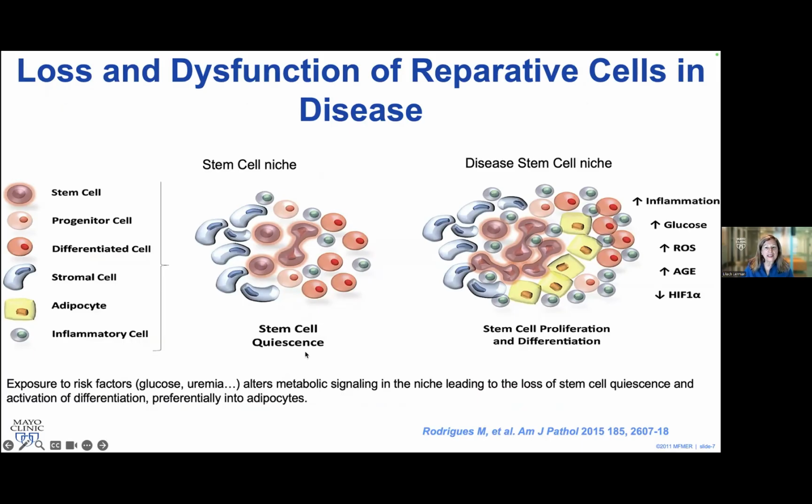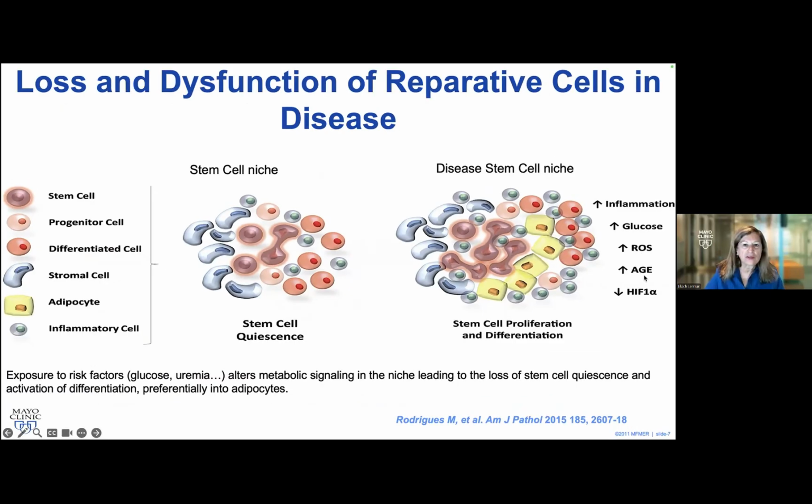However, obesity can disrupt the stem cell dynamics. Altered metabolic signaling in the stem cell niche after exposure to various inflammatory factors, high glucose levels, reactive oxygen species, advanced glycation end products, and others, can lead to loss of stem cell quiescence and activation of differentiation, preferentially into adipocytes.